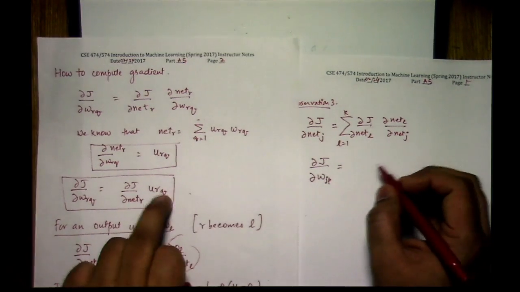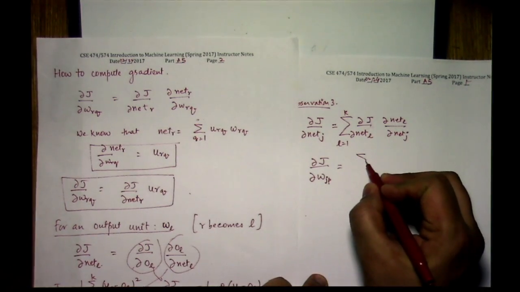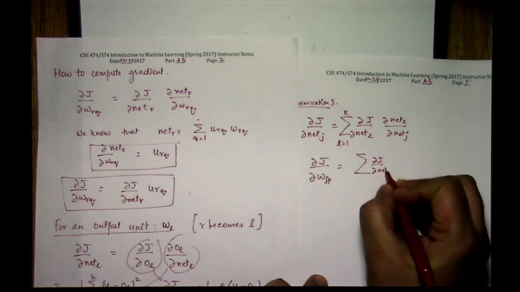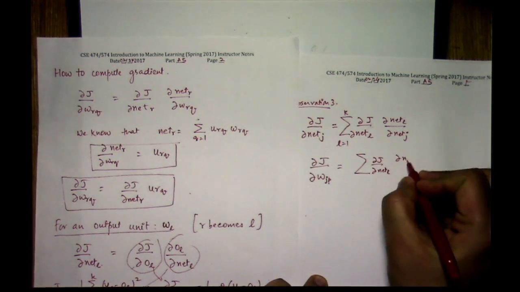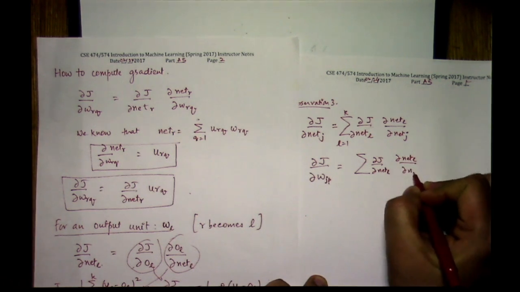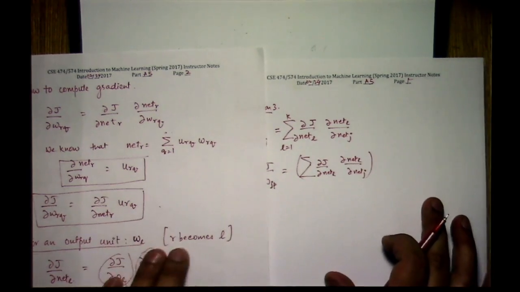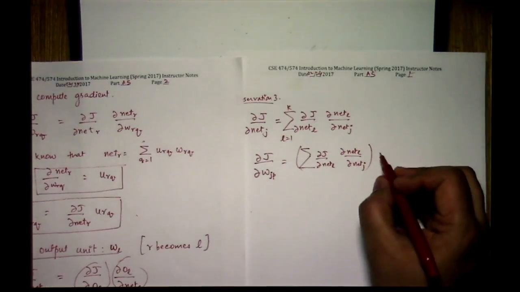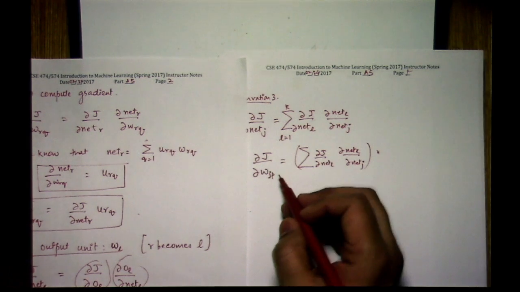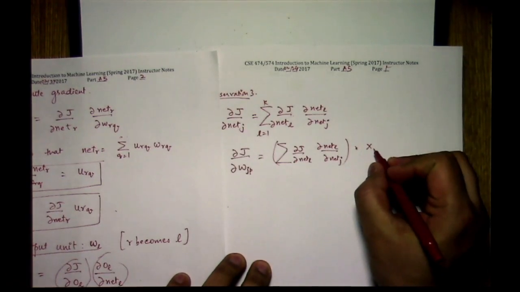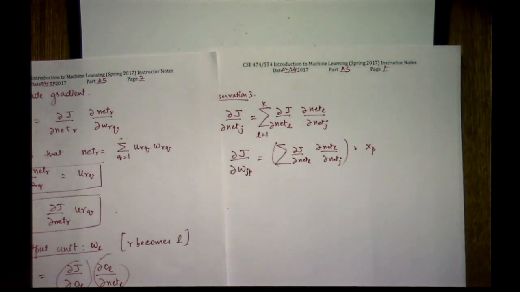it will be, let me write this part first, times whatever the input is coming into the pth element. Now what the input that is coming to the pth element of the jth neural unit will be xp, right? Because that's the pth weight.